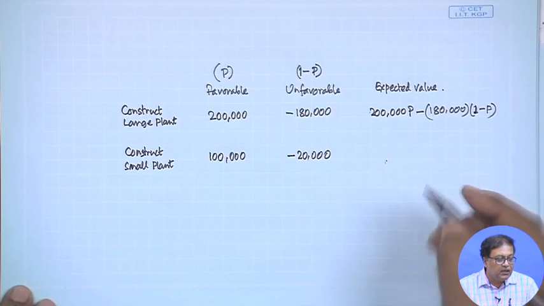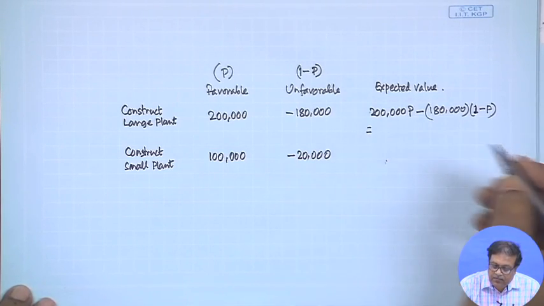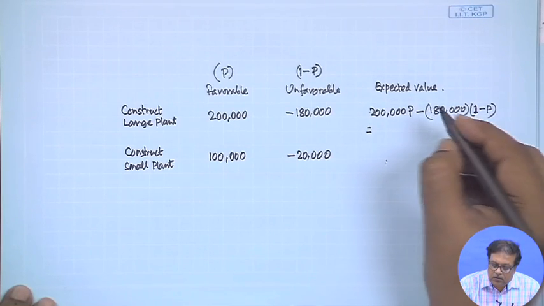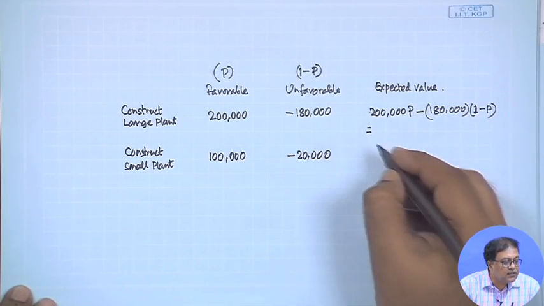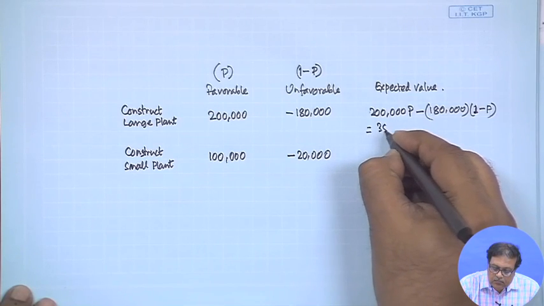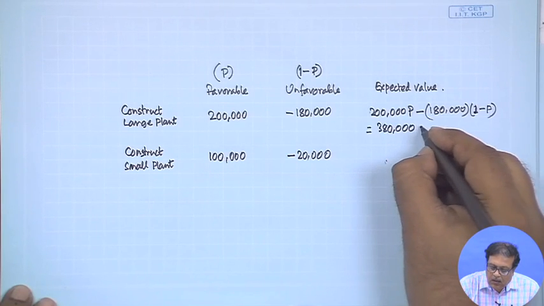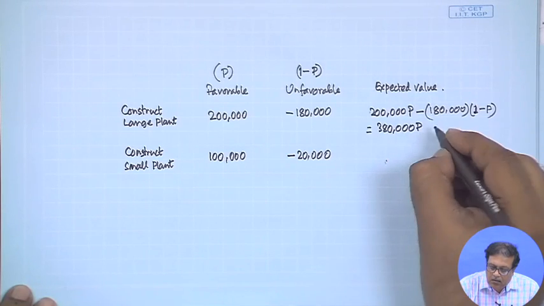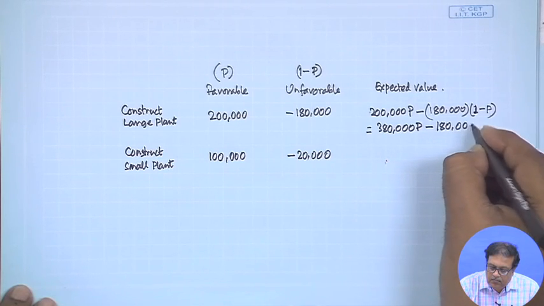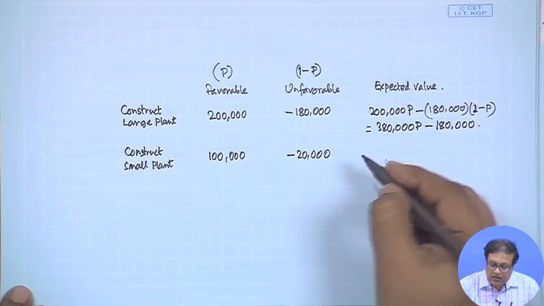If we evaluate this, it will come out to be 380,000 P minus 180,000.